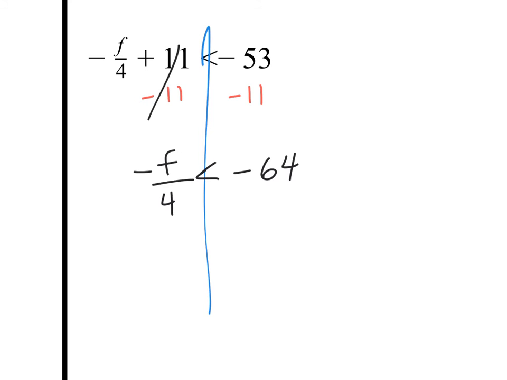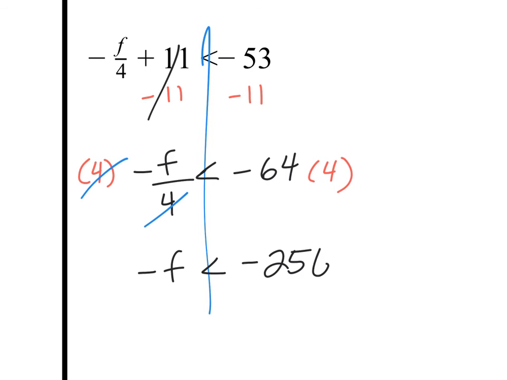Okay, let's undo this dividing by 4. We're going to undo it by multiplying by 4 on both sides so that these cancel out. And now I have negative f is less than negative 256. Again, you still have not multiplied or divided by a negative, so I have not flipped the sign.